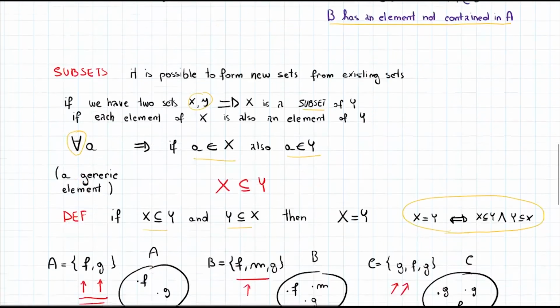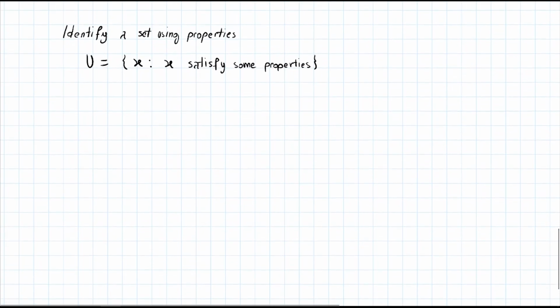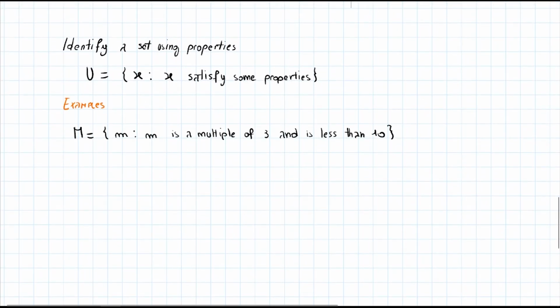So we can do other examples, such as the set M, where all the elements are multiples of 3 and are less than 10. We can write the set together, so this is equal to: the first property is that it must be a multiple of 3, so we can have 3, 6, 9, 12, 15, and so on.